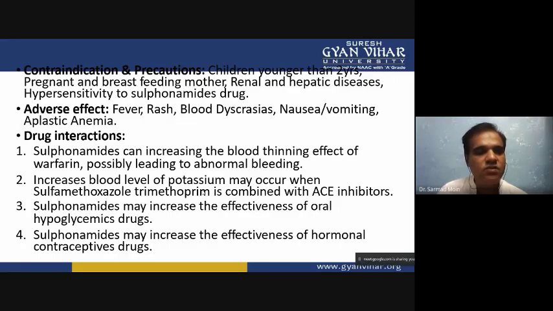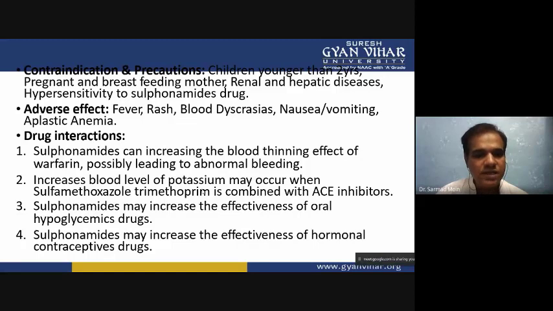So when we give sulfonamide and warfarin in combination, the blood thinning effect increases, and that's why we do not give this combination to patients. Then an increased blood level of potassium may occur when sulfamethoxazole trimethoprim is combined with an ACE inhibitor. So always avoid ACE inhibitors with sulfonamide, as it can increase the blood pressure in the patient. So always avoid these combinations.